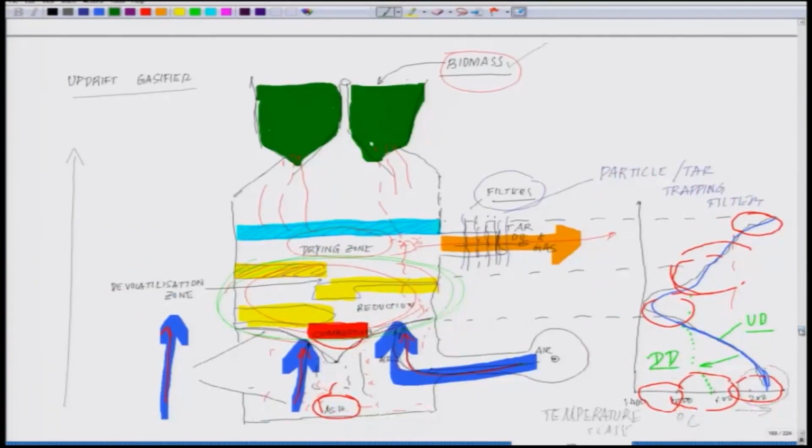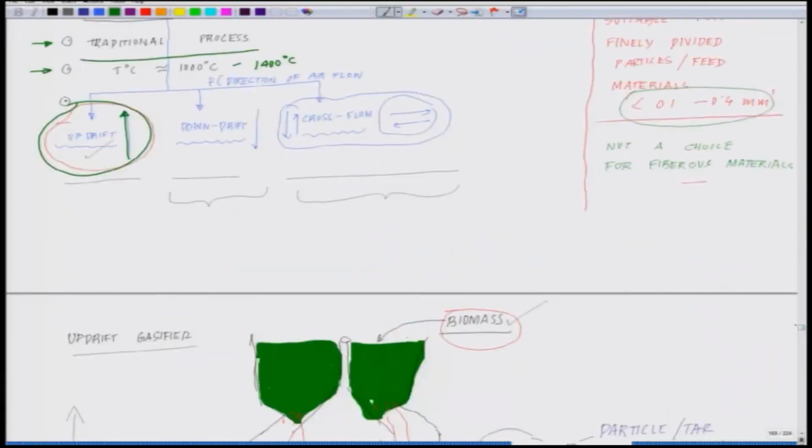And by the way, in the updraft, the gas which is coming out is at a much lower temperature. It is almost the same temperature as the drying zone, 200 degrees centigrade, where it started. Okay. So if you mark it here with an asterisk, you can see the temperature is around 200 degrees centigrade. Then we talked about the downdraft gasifiers.